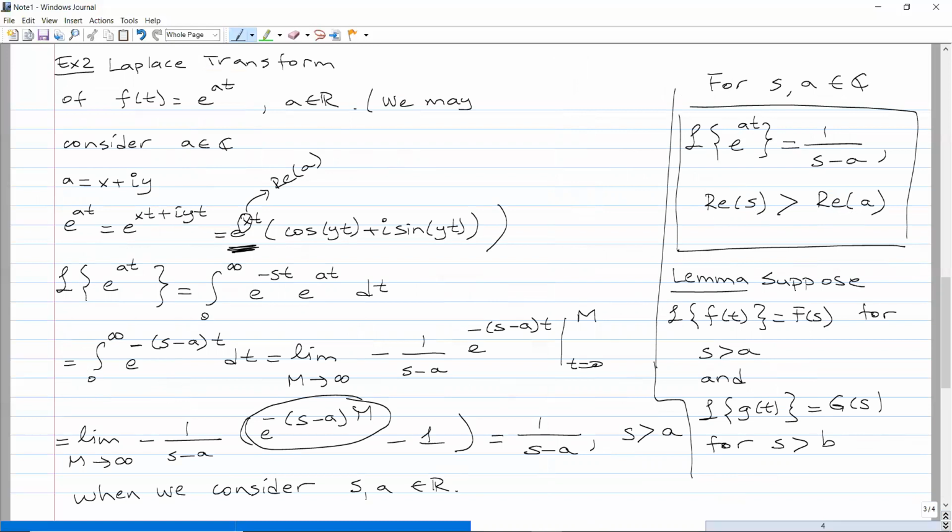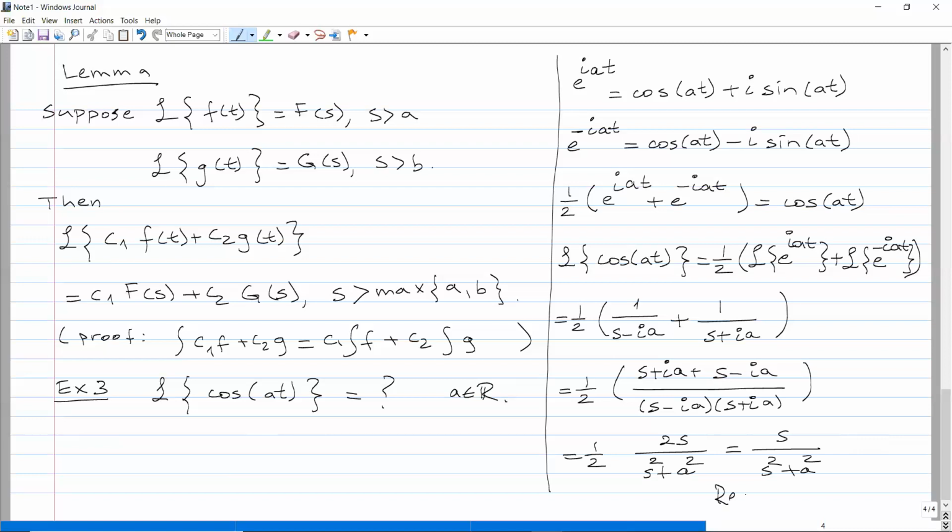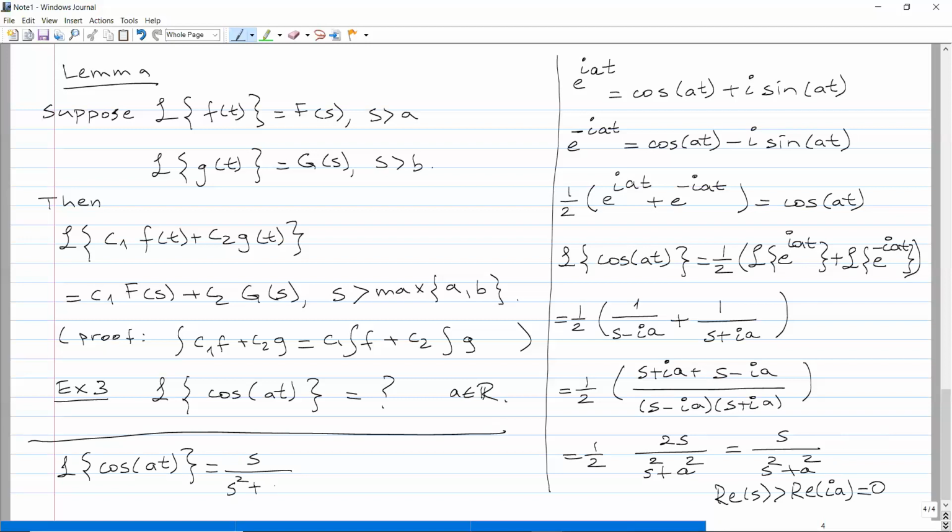Here that is the real part of ia, which is 0, since i times a doesn't have a real part. So the Laplace transform of cosine at is s over s squared plus a squared for real part of s positive.